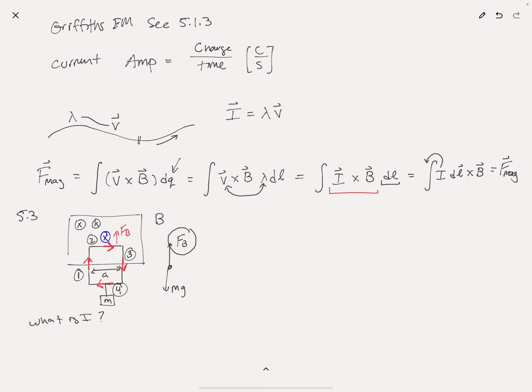What I need to do is integrate I dl cross B for 1, for 2, for 3, and for 4.